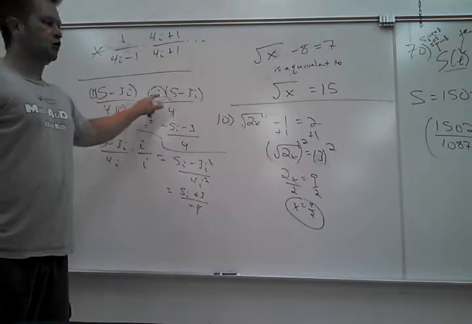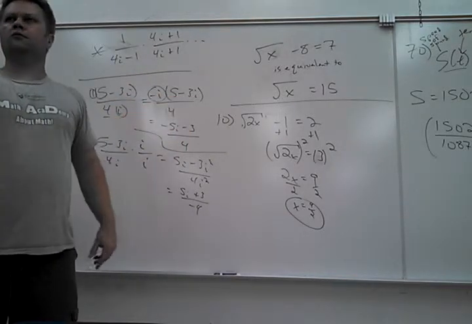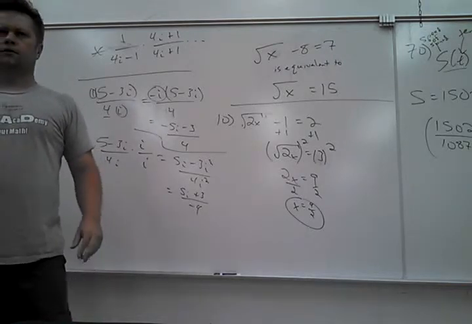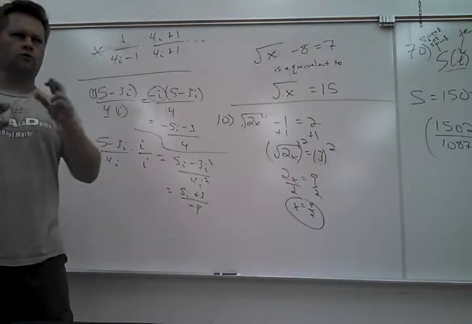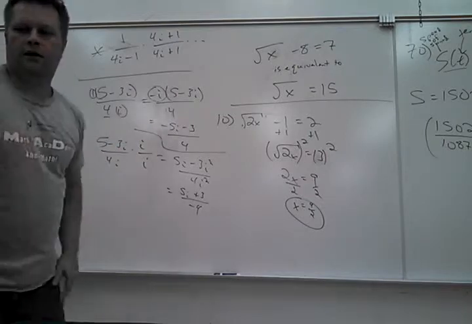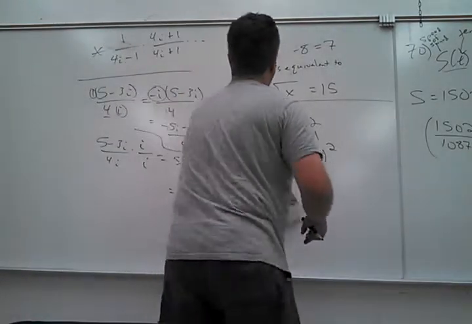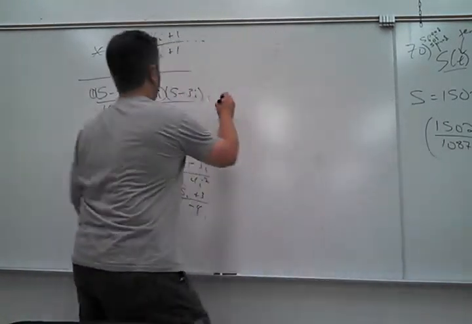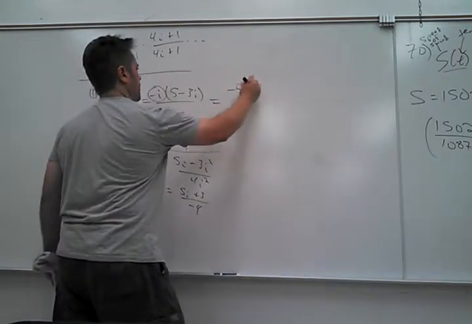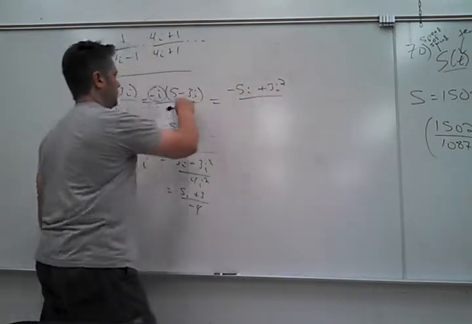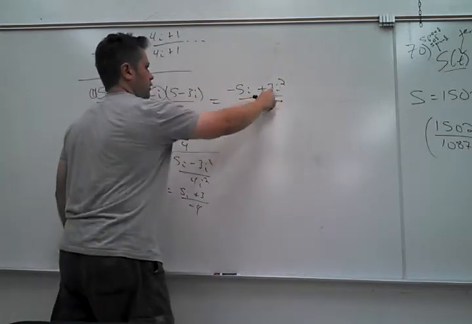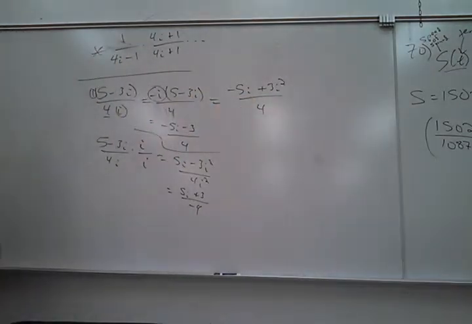But that's quick. Those go away, and then it gets brought back because the i squared brings the negative back. Okay, cool. So I've got to be a little careful with you guys. So right here, I certainly could have done negative 5i plus 3i squared, right? Yes. Over 4, and that's what leads me here. Cool.